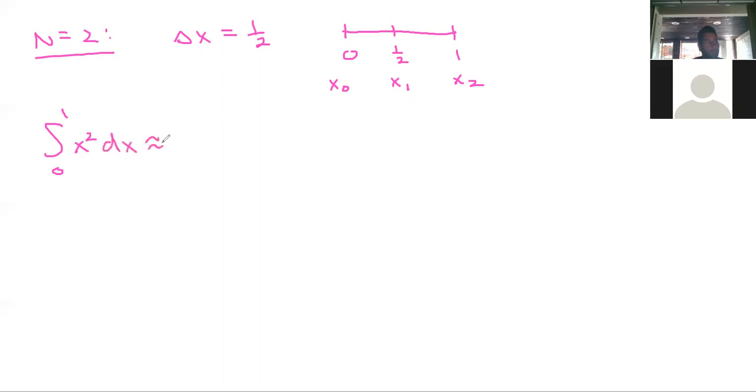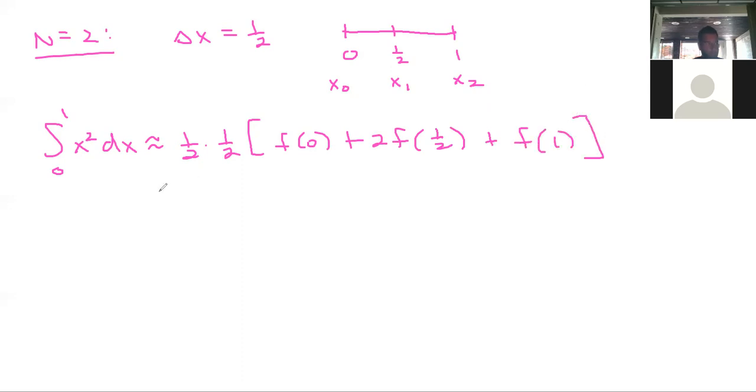So the integral becomes 1/2 times delta x, which is 1/2, and then it's f of 0 plus 2 times f of 1/2, plus f of 1. Now, if you go to a calculator and you add this up, well, what do you get?